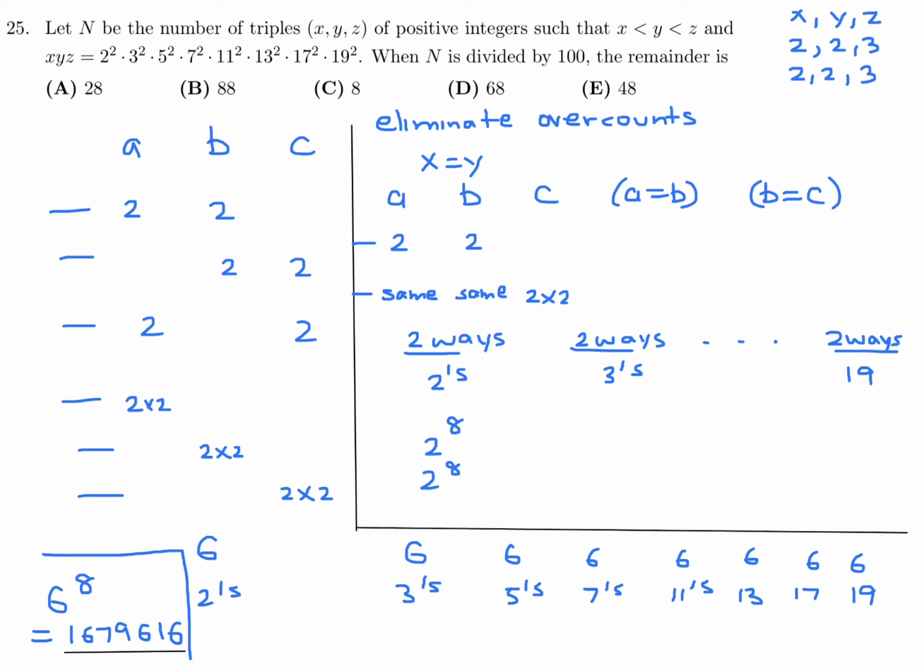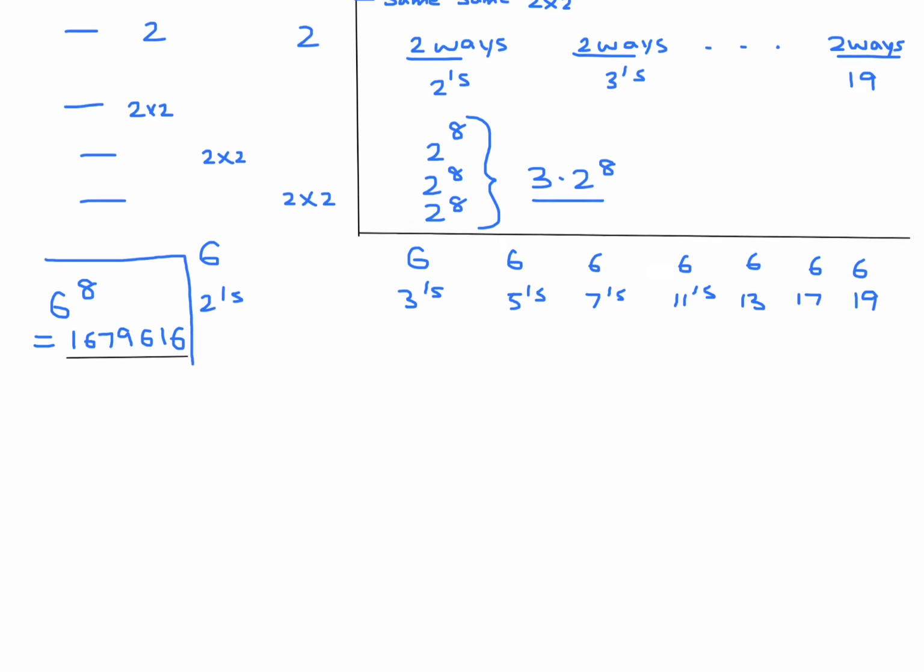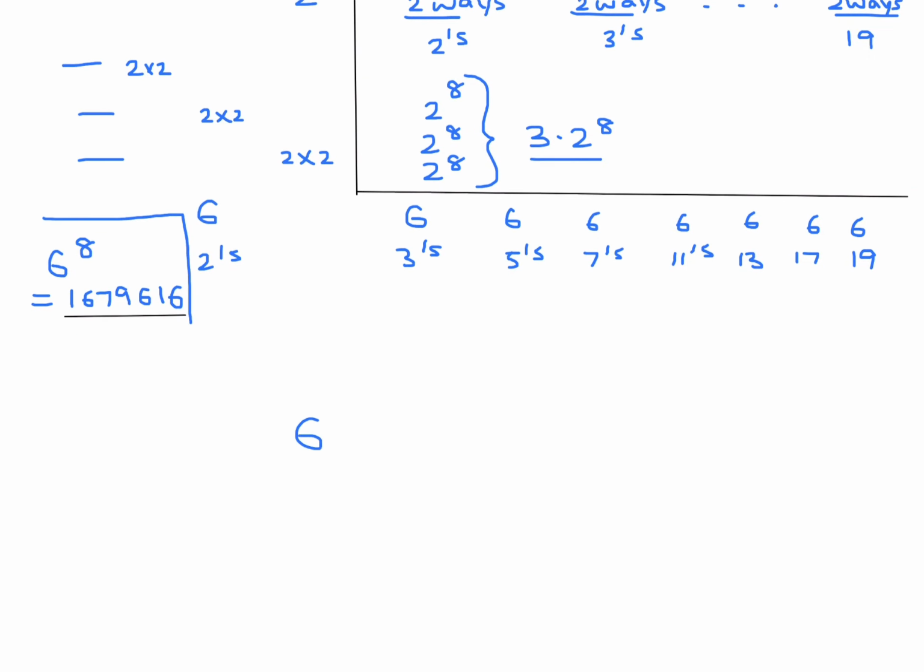And then there's also a scenario where A equals C, and that would give you another 2 to the power of 8. So these are the total overcounts, which is basically 3 times 2 to the power of 8. So now we have 6 to the power of 8 minus the overcounts, which is 3 times 2 to the power of 8.